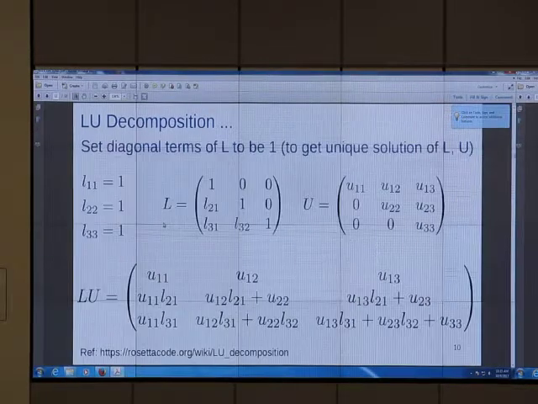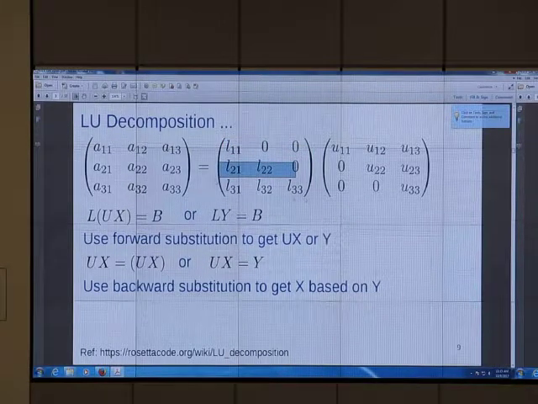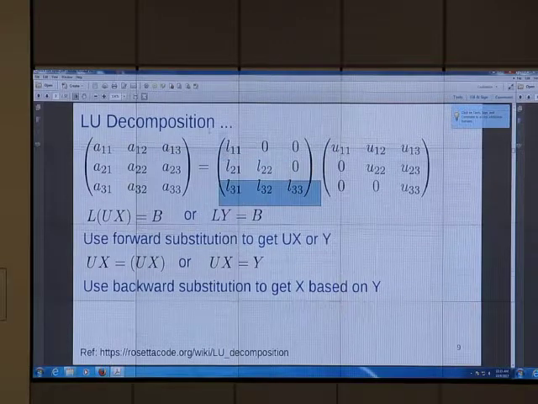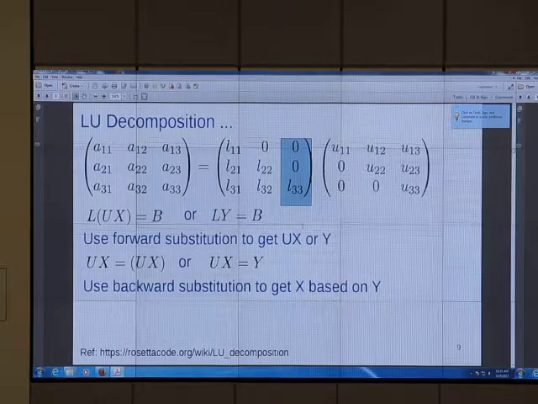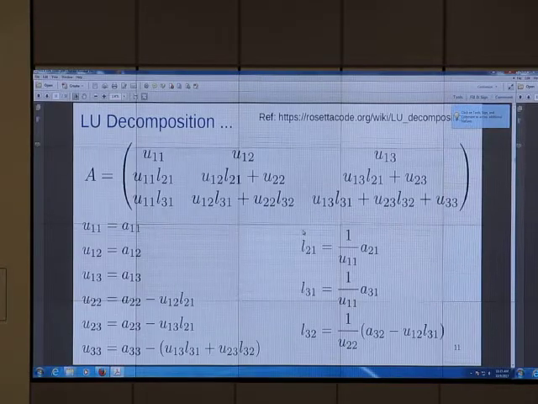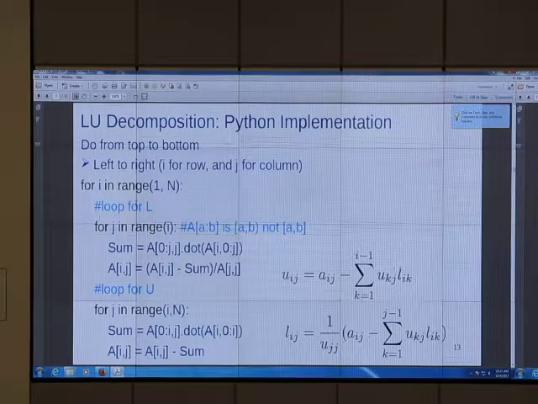Top to bottom means I calculate, I try to get L and U, right? I do top to bottom, okay, row by row, and left to right. That's what I do. Okay, to do that, that's our strategy. So I have i in range of 1 to n minus 1. Okay.